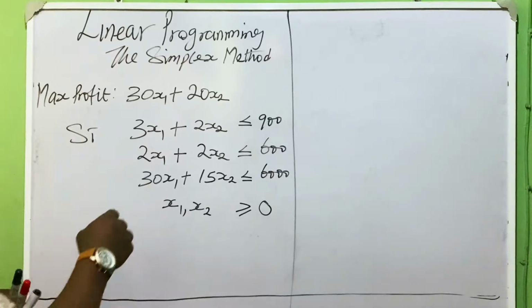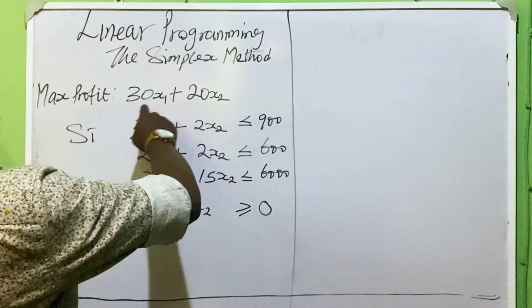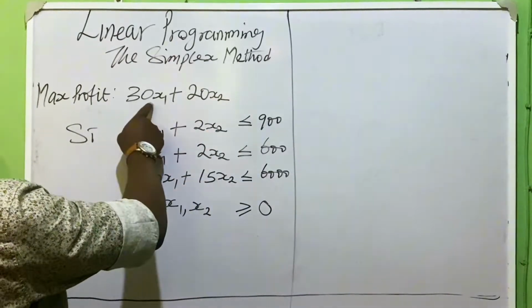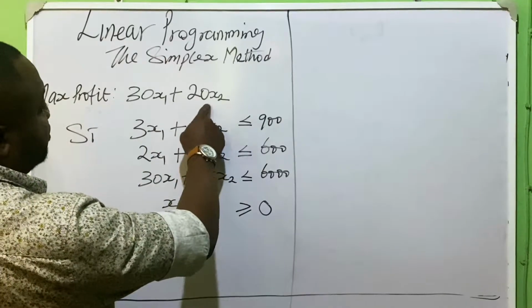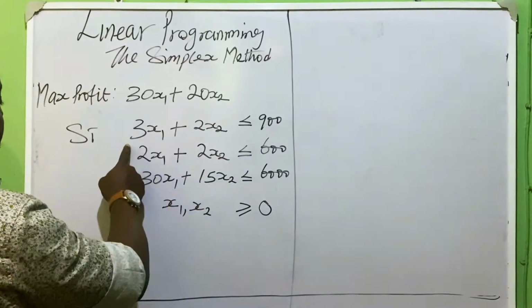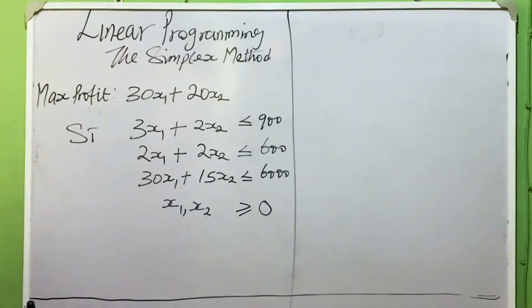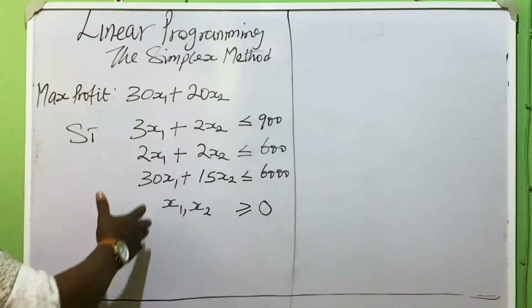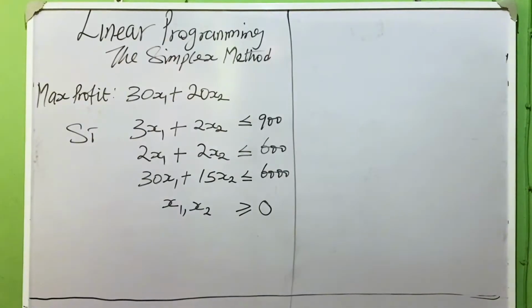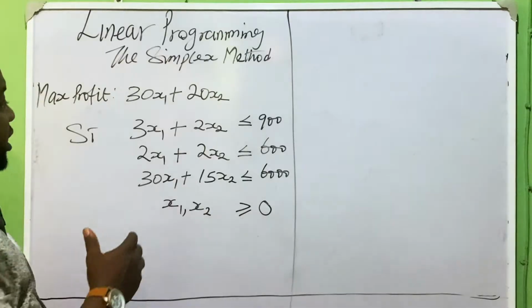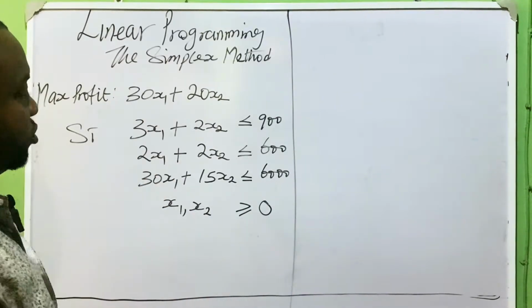We have this objective function, which is to maximize profit, 30x1 plus 20x2. We have our set of structural constraints and, of course, the non-negativity constraints, which we explained in detail in our previous videos. Kindly refer to those videos if you do not understand the structure properly.